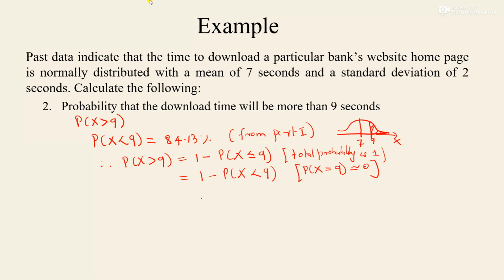Both are the same. From part 1, we have 1 minus 0.8413, for X less than 9. So that is equal to 0.1587.